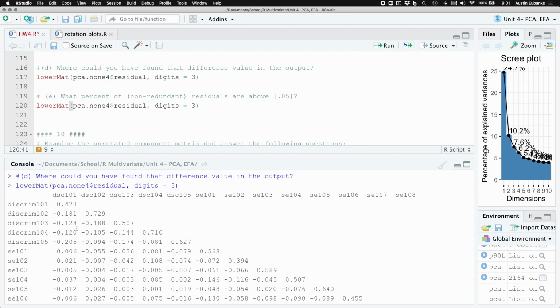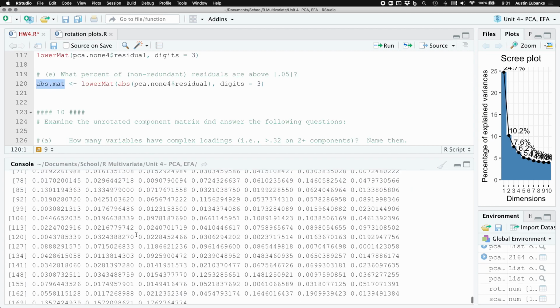And then to get the absolute values, instead of just having the PCA none for residual here, we're going to wrap that in ABS, which is the absolute value function. Now I'm going to store that as an object that I call absmat, for absolute value matrix.